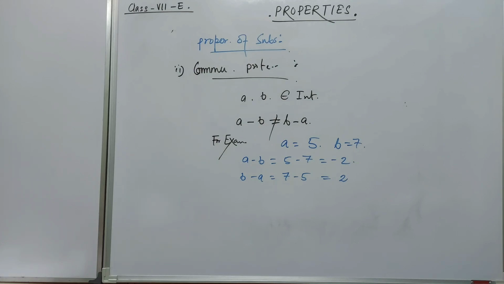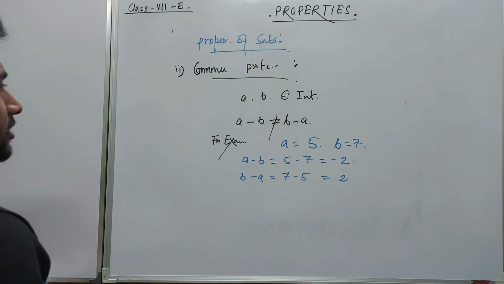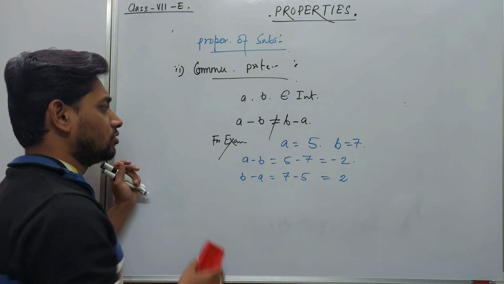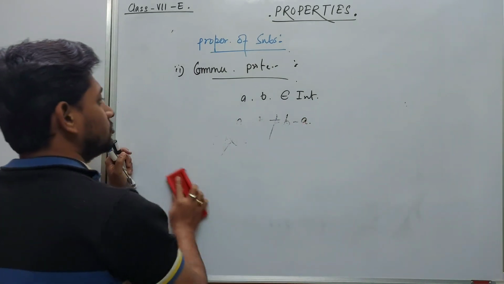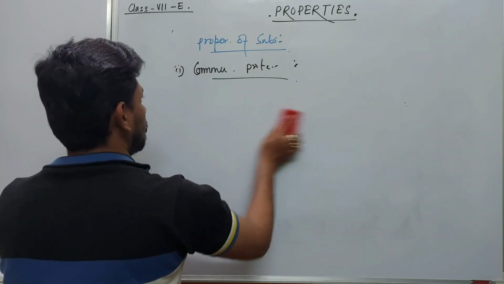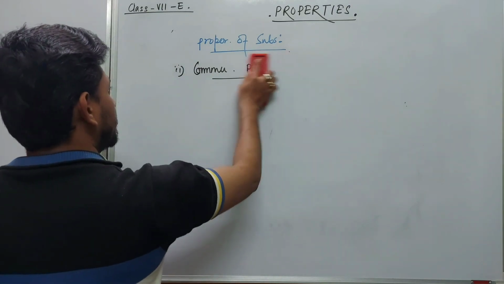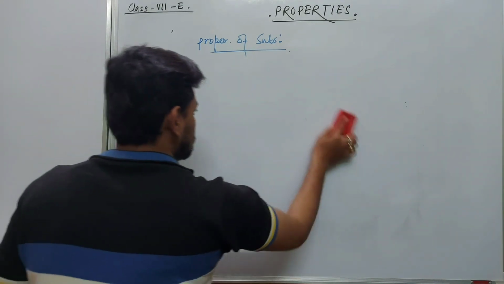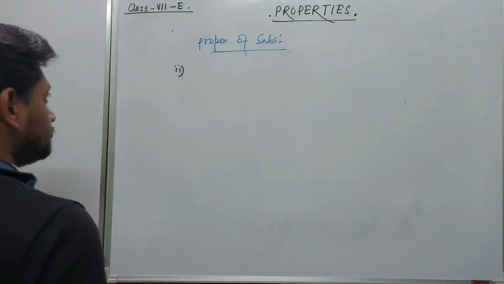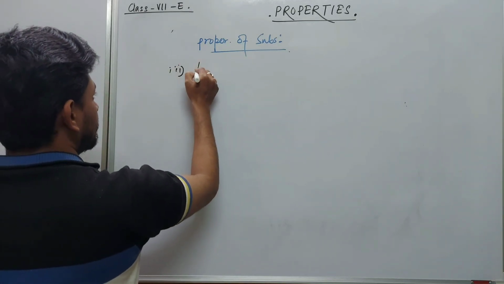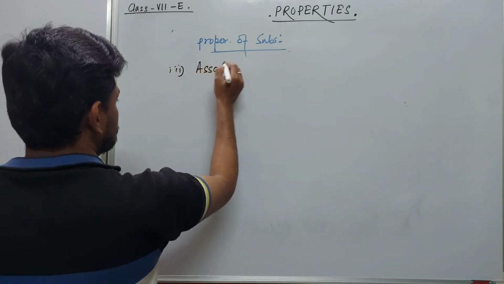So my dear students, this is commutative property, and commutative property does not hold for subtraction. Similarly, we can check the associative property. So let's start. The heading will be associative property.